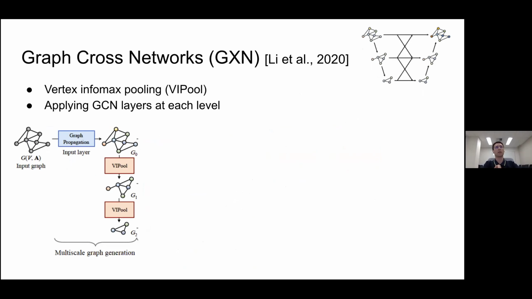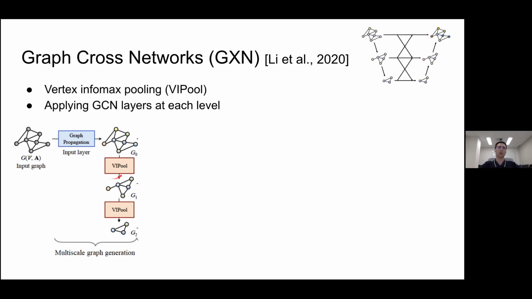In Graph Cross Networks, the pooling is done by vertex infomax pooling, that is based on selecting nodes that have high mutual information, so basically packing nodes that are very similar or can predict each other, that have very high mutual information together, into a node on the coarser representation.